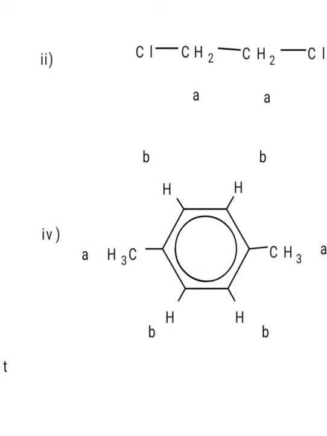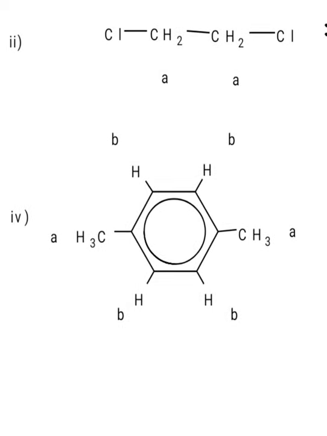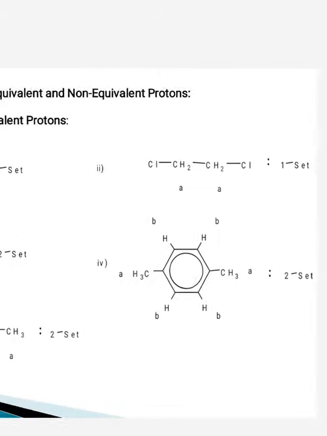In this para-xylene, both the methyl groups are equivalent, and all the 4 hydrogen atoms of the aromatic ring, all the 4 hydrogen atoms ortho to the CH3, have a similar chemical environment and hence are of the same set. Hence in this compound there are two sets of protons. This compound gives two signals on the NMR scale.